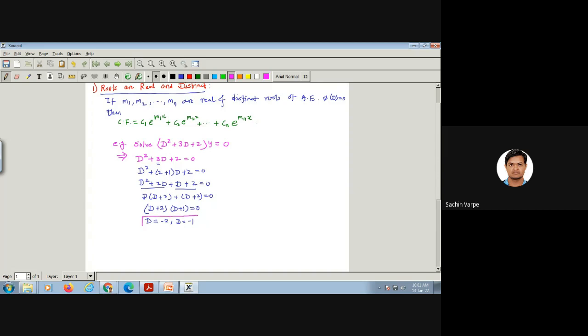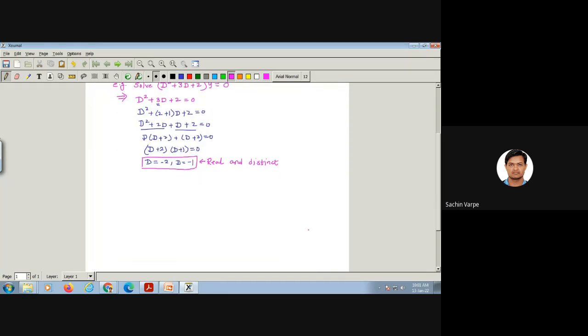So these roots are real and unequal. Yes or no? Real and distinct. So this is just like m1 and m2, right? So we write the complementary function for these roots. Complementary function is the only solution for this homogeneous differential equation.